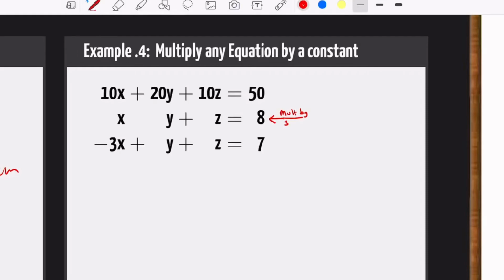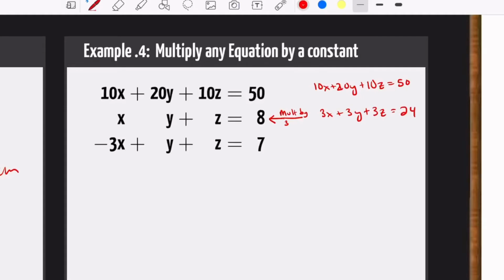All right, so I'll multiply this by 3, and so I get 10x plus 20y plus 10z, that's equal to 50. And this would become 3x plus 3y plus 3z is equal to 24.